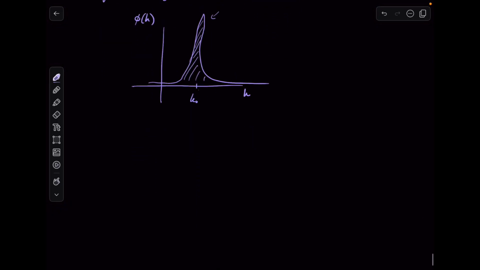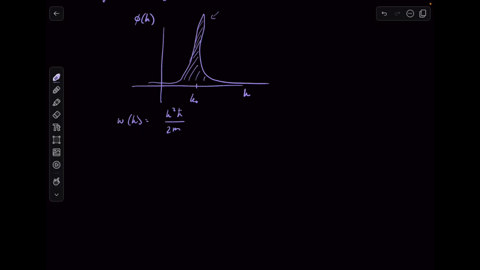Now, given that phi of k looks like this, and the amplitude of k is pretty much 0 everywhere outside of k naught, what we can do now is think of omega as a function of k, because it is. It's k squared h bar over 2m. And we can Taylor expand this at the point k naught and drop everything but the leading terms.